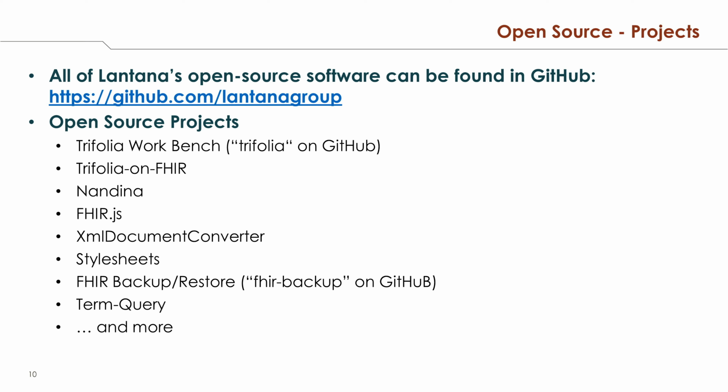Our most popular open source projects are Trifolia Workbench, which assists in the development of CDA-based implementation guides; Trifolia-on-FHIR, which assists in the development of FHIR-based implementation guides; Nandina, which eases the burden for producing reports such as the CDC's Patient Impact Assessment; FHIR.js, which is a module designed to simplify converting FHIR between JSON and XML; XML Document Converter, which supports converting XML documents into various database formats; Style Sheets, which renders CDA documents into human-friendly HTML, and many more.